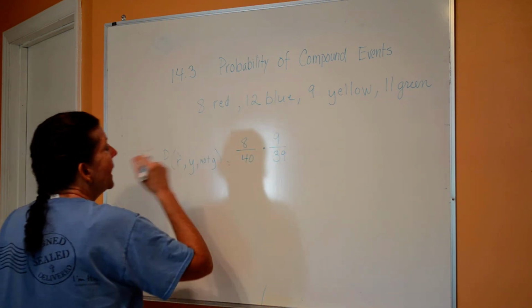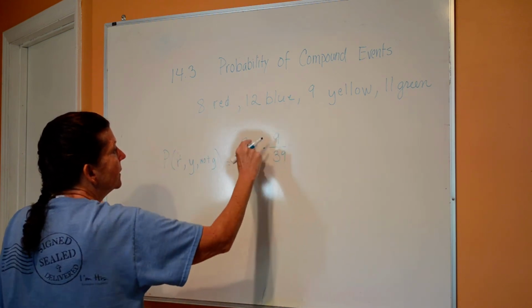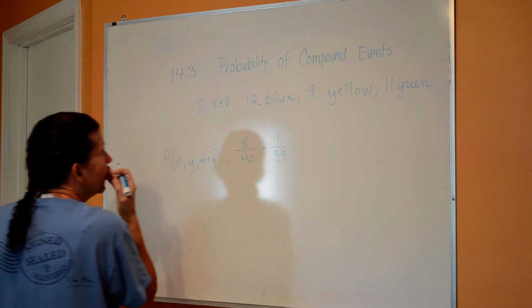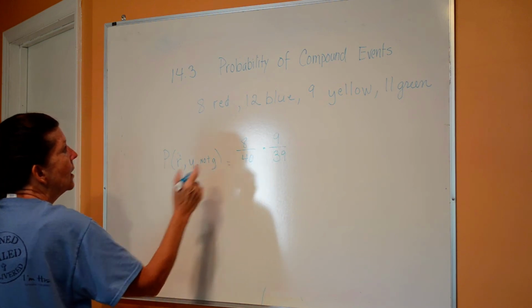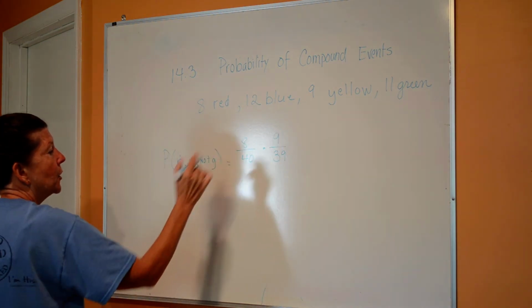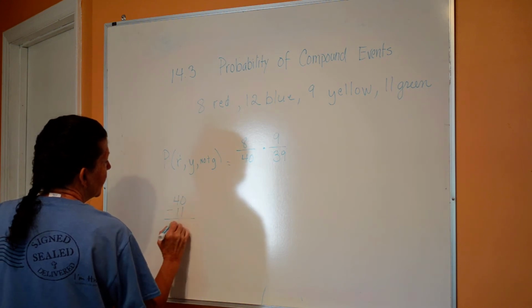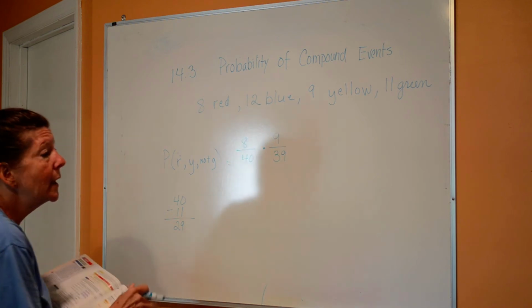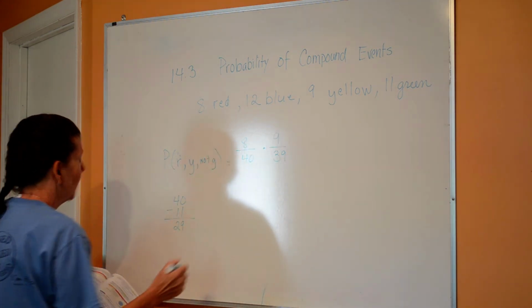Okay, if I have done the total of 40, but then, not green, I've already used 2 that would not be green. Okay, so the green is 11, so I've got 40 minus 11, which is 29, okay? That's 29 possibilities that aren't green, but I've already used 2 of them.